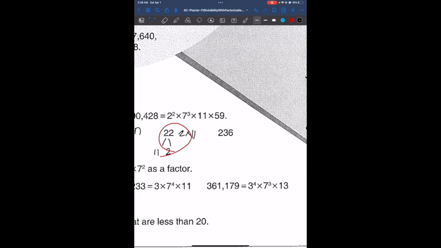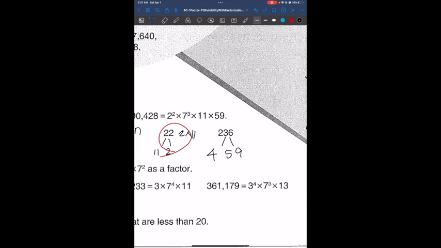And for 236, since the last 2 digits are divisible by 4, we know that the number is divisible by 4, so we can write that as 4 times 59.